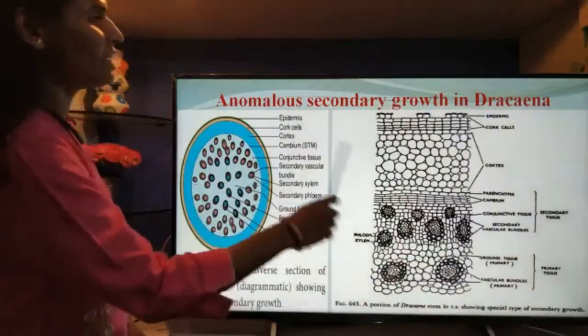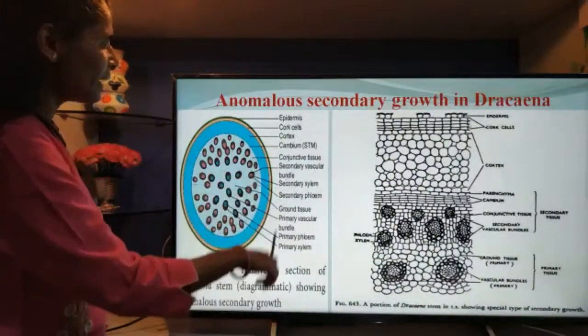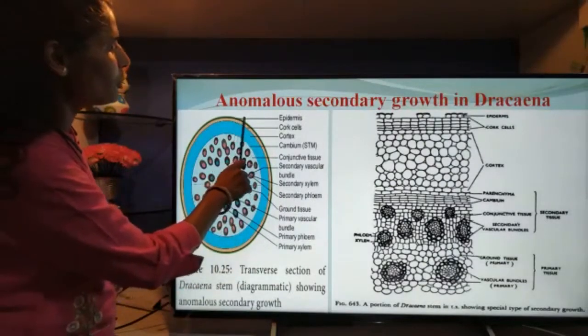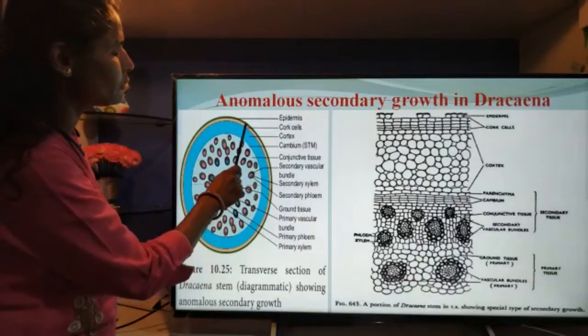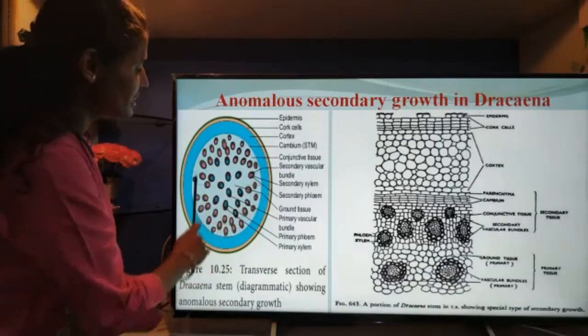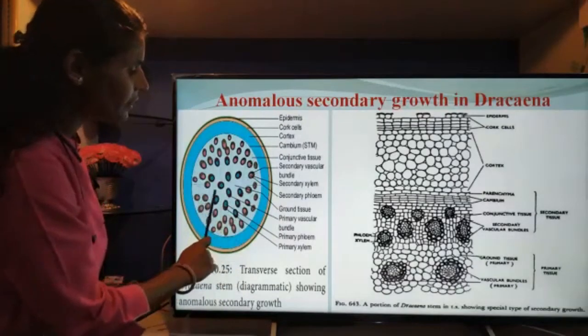So, in this slide we can see the secondary growth in Dracaena stem. This is the ground plan of TS of Dracaena stem, where we can find the outermost layer is called epidermis, followed by the cortex, and then the stele region or ground tissue where the vascular bundles are scattered.